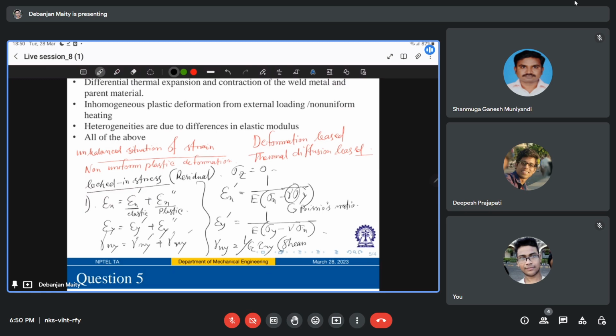You can say shear modulus, right? Now, in the plastic state, what should be the equilibrium condition? How can we find out the stress? What should be your stress-strain relationship?